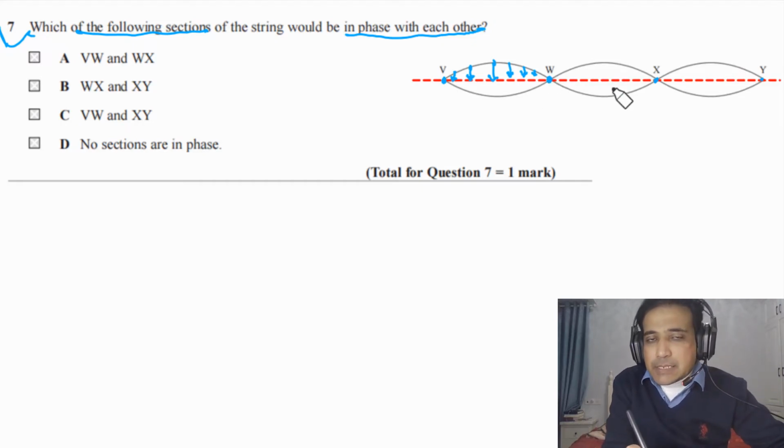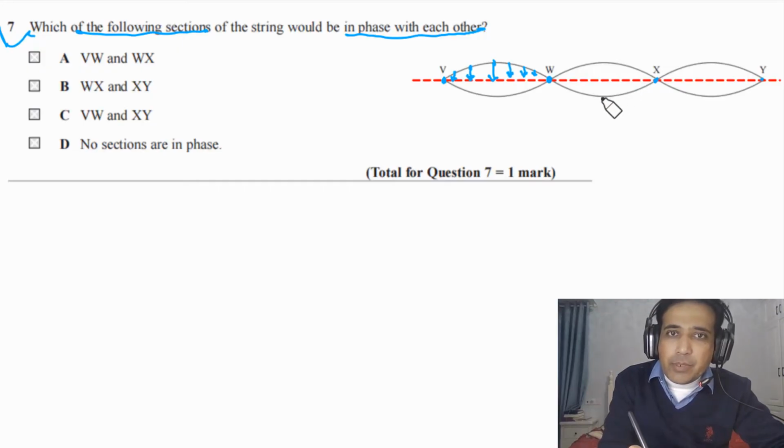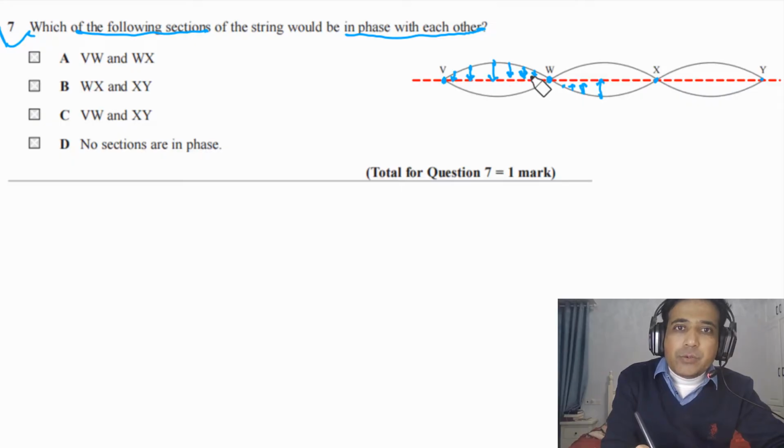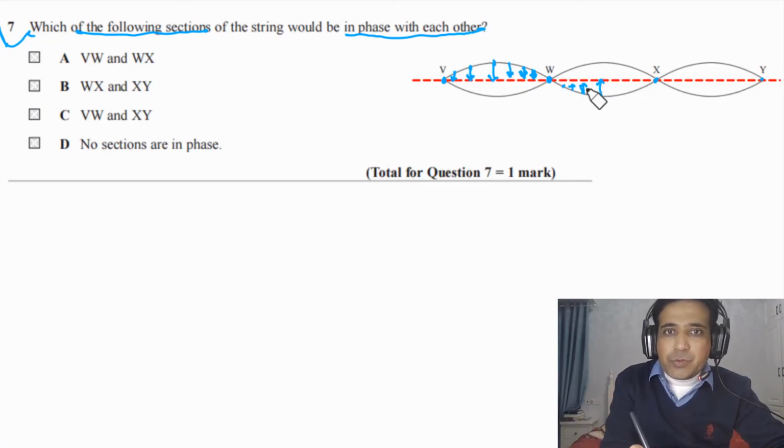Now if you look at the second loop and its particles, this particle will be moving up with this amplitude. This particle also will be moving up, this one will be moving up, and this particle also. So actually the amplitude of this you can just extend to this point. This is the amplitude from the equilibrium, so you can draw this arrow like this.